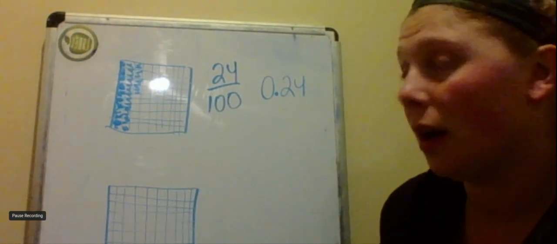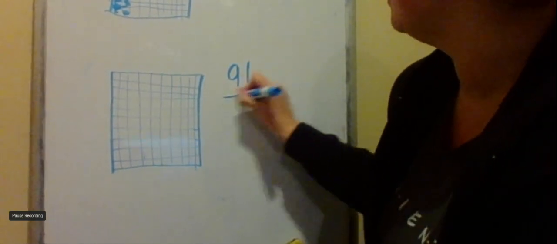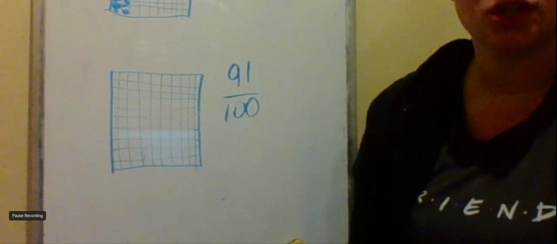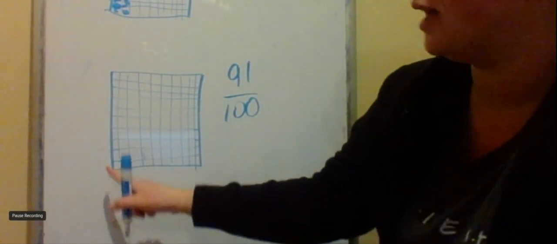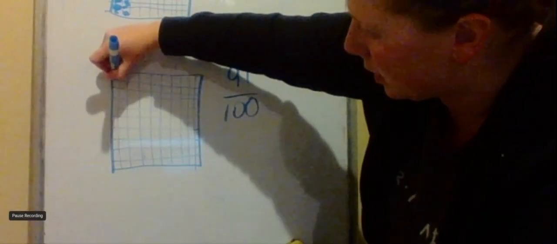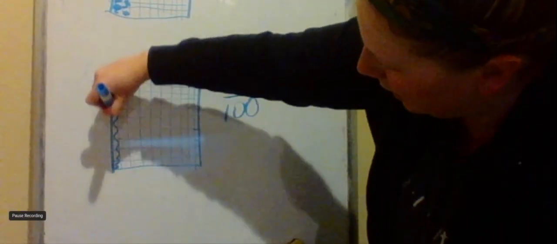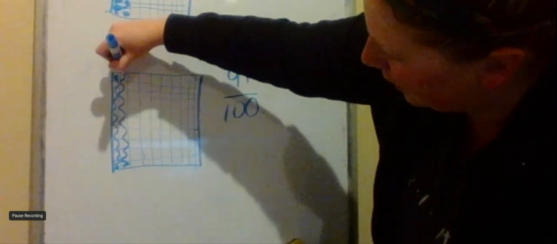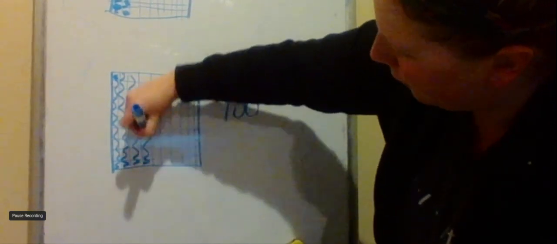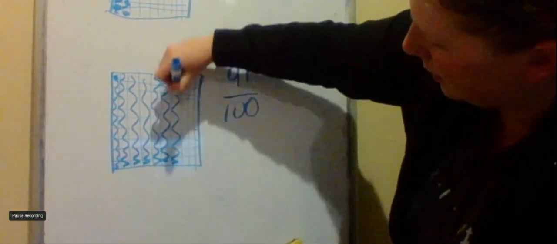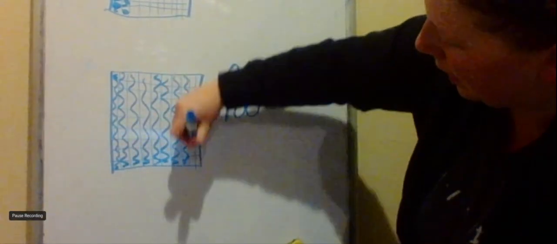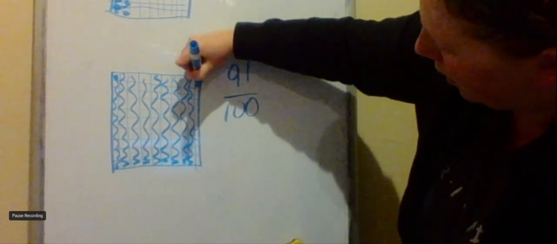This time I'll give you the fraction. So I'm going to do it like this. It's going to be 91 hundredths. So how I would shade this is, well, I know that this is a 10, right? One row is 10, and then another row is 20. So I'm going to just color them in quickly. That's 10, 20, 30, 40, 50, 60, 70, 80, 90, and one more.